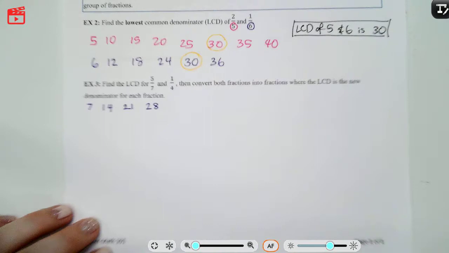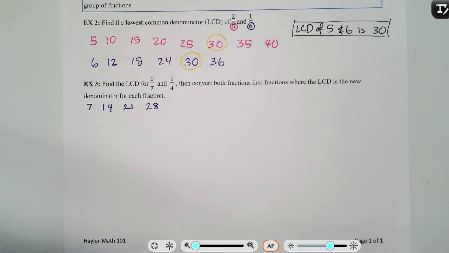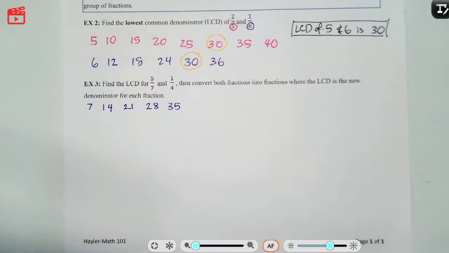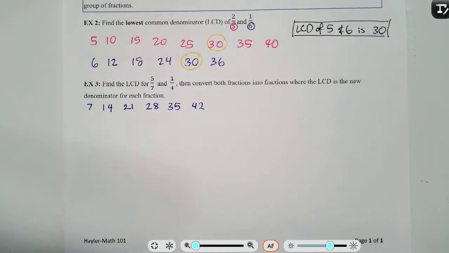Let's see. 7 times 5 is going to be 35. 7 times 6 is going to be 42. You know what, let's just pause there. It's starting to get big.